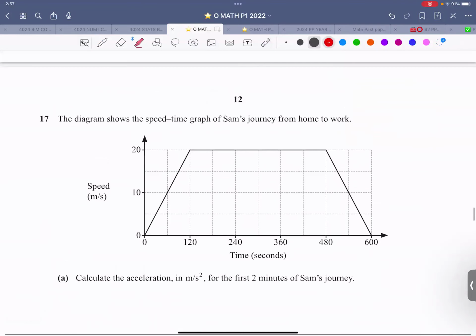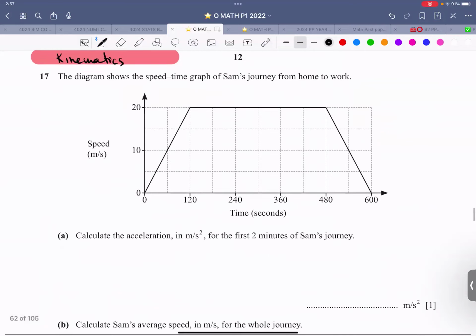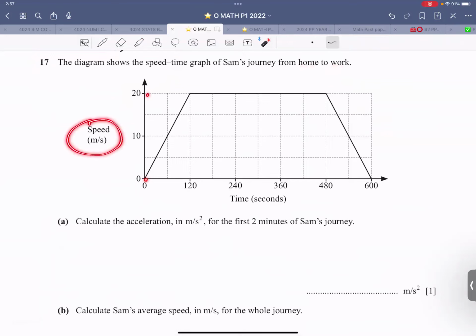Question number 17. Now this is about extension of coordinate geometry, speed time. This is kinematics. The diagram shows the speed time journey of a person named Sam. His journey is from home to work. Speed goes from 0 till 20. Time is in seconds, 0 till 600.